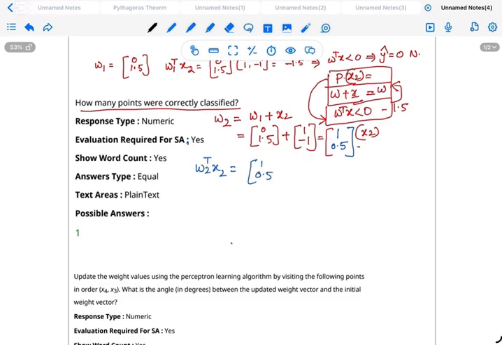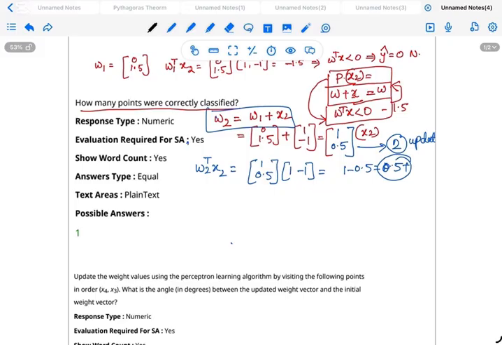Again we find W2 transpose X2, that equals (1, 0.5) with X2 equal to (1, -1). W is updated a second time, W2, the second update. So that equals 1 minus 0.5, which is 0.5, which is positive, so it is classified correctly.